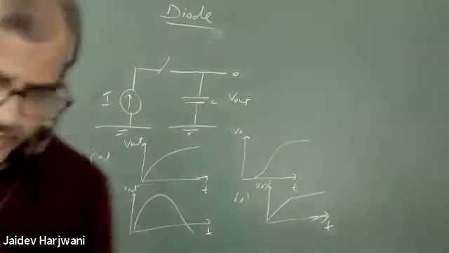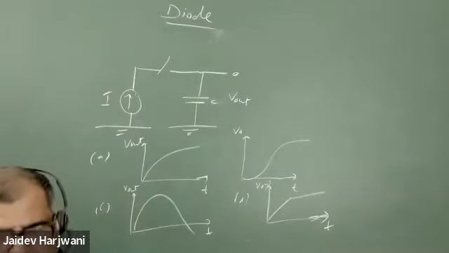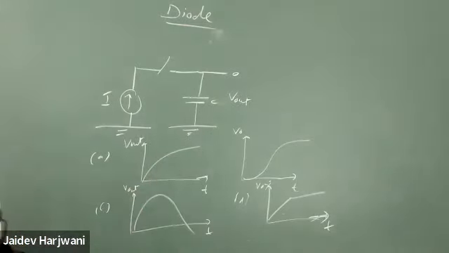So you know the diode equation, the diode current expression. Once you close this switch, what will happen? Your capacitor will start charging. Initially it is uncharged, which means you have zero voltage.